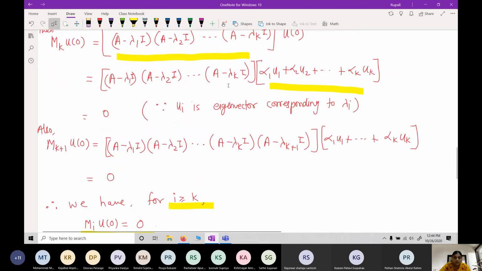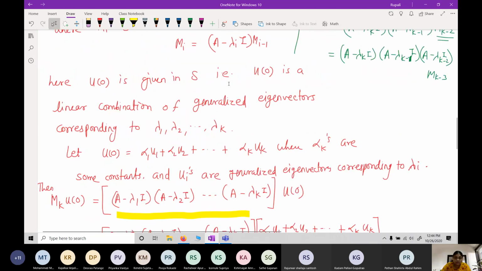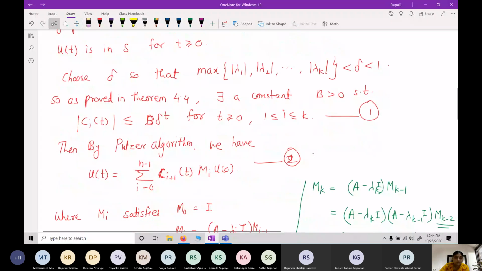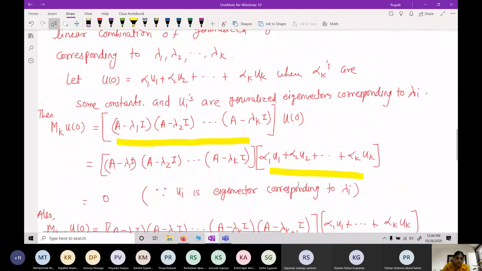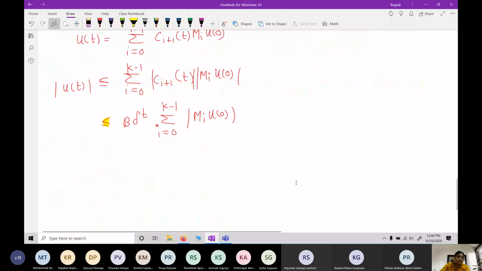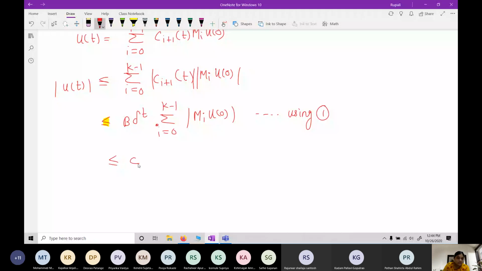Here, using equation 1 or 2, equation 2 becomes, and here using 1. So again using the matrix norm we get less than or equal to c times delta raised to t times the norm of u0 for t greater than or equal to 0.